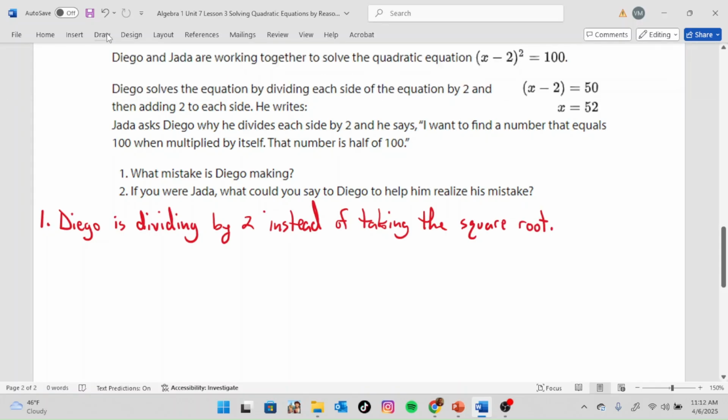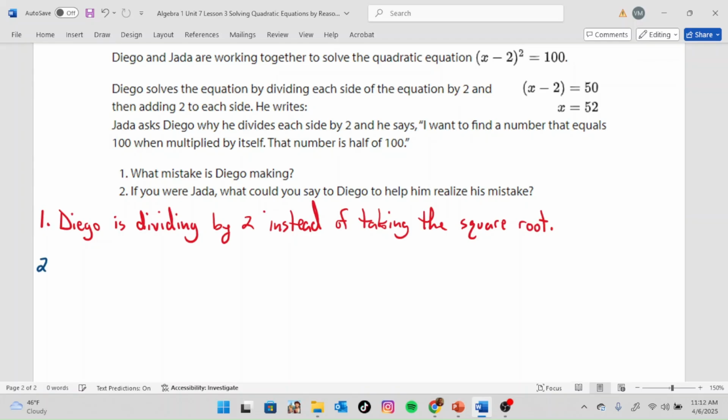Number 2, if you were Jada, what could you say to Diego to help him realize his mistake? So Diego is correct that he wants to find a number that equals 100 when multiplied by itself. But that is not half of 100.